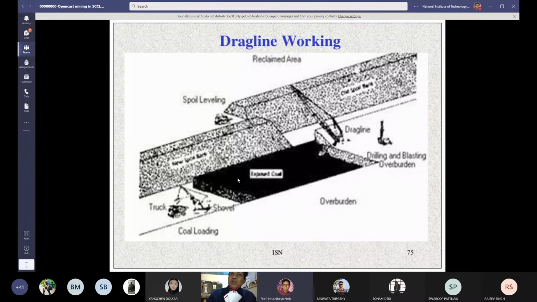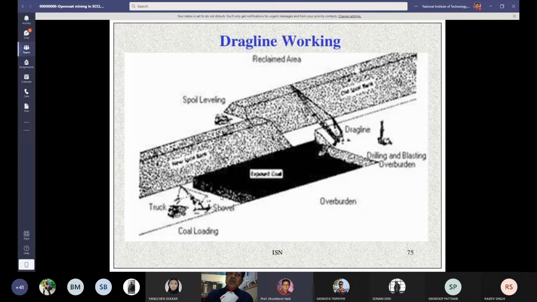The coal deposit is covered by the overburden materials, and these overburden materials are to be removed and dumped in the decoaled area from where the coal is already mined out. So reclamation is carried out simultaneously in the case of dragline mining.